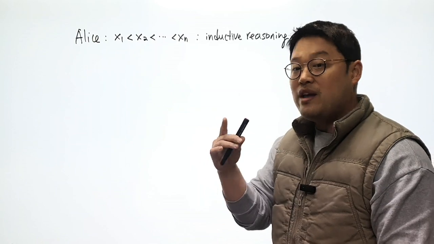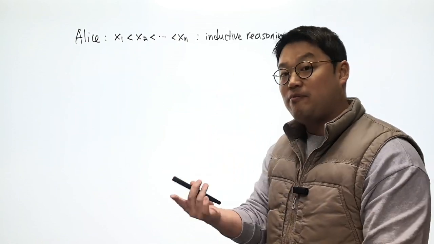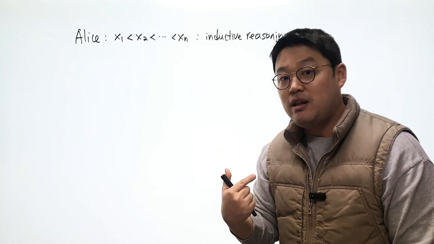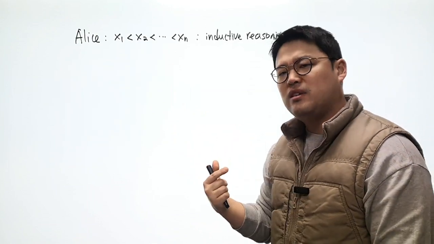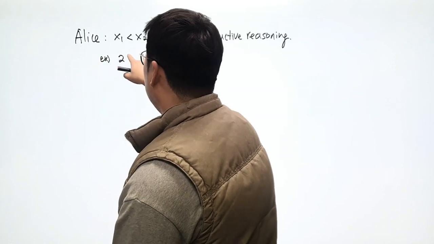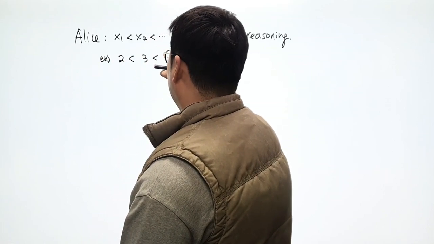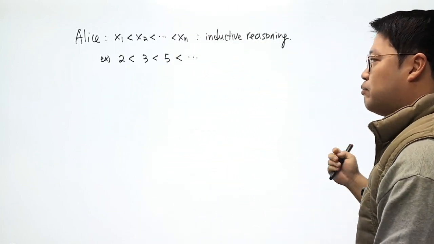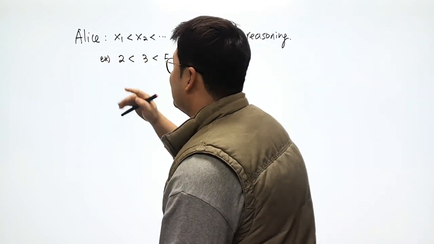Okay, so what if Bob wants to say, hey, X1 is going to be my maximum element. So I want to try out something like X1 being, for instance, 2 and 3 and 5 and so on, that could probably work out for Alice's set.